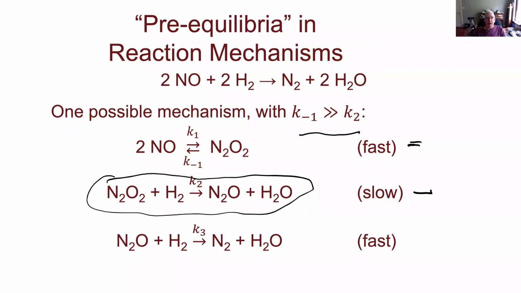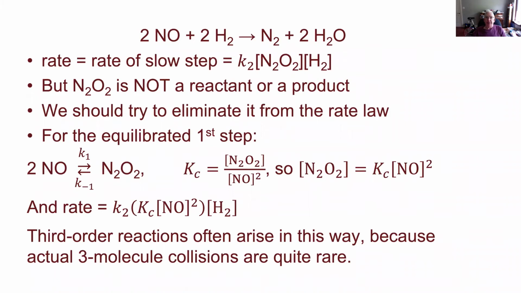All right, which means that one is tempted to write down k2 times the concentrations of N2O2 and H2 for your rate law. If you do that, and if you say this is the overall equation up top, and this is the rate law, then you have a rate law that has in it the N2O2, which is neither reactant nor product.